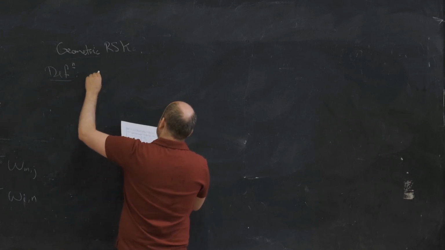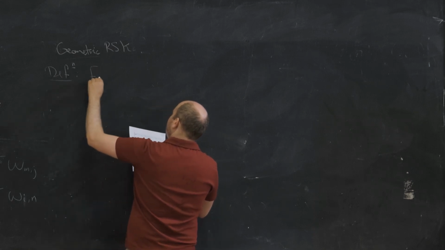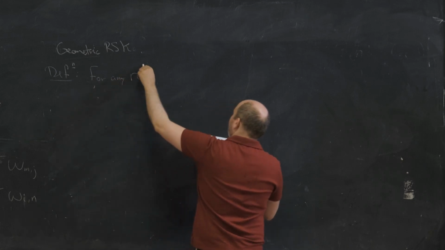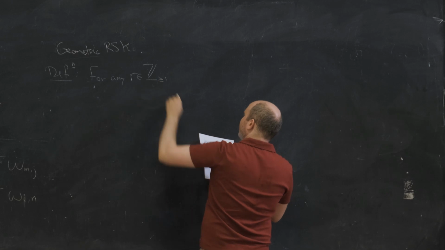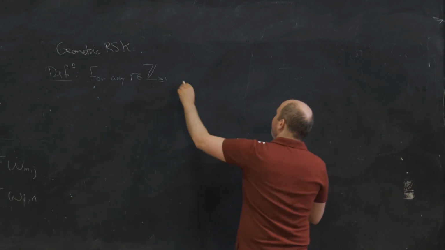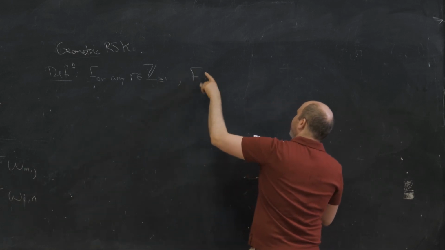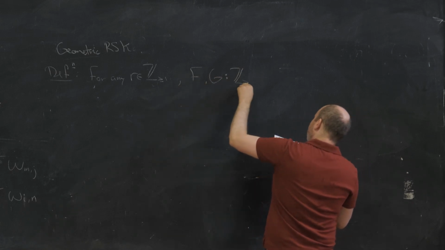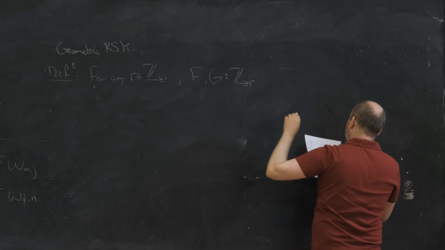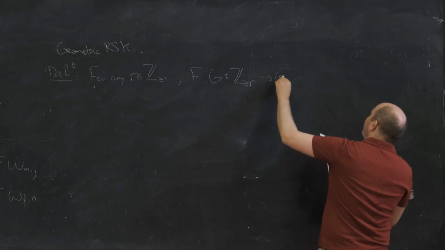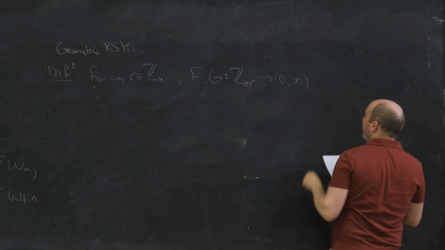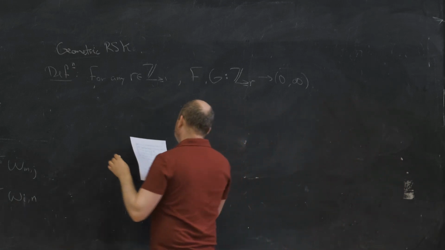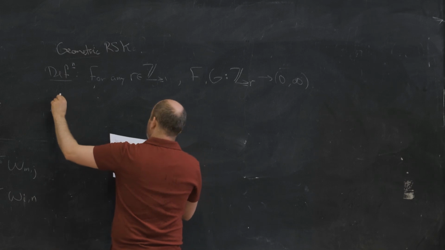I'm going to consider some starting value r, which I'll take to be bigger than or equal to 1, and functions f and g that map the integers bigger than or equal to r to the non-negative reals. And then I'm going to define what are called geometric Pitman transforms.